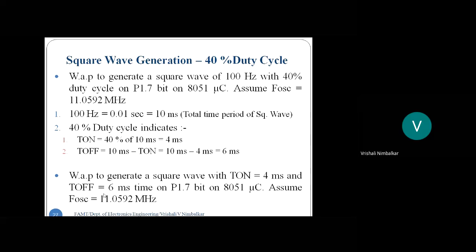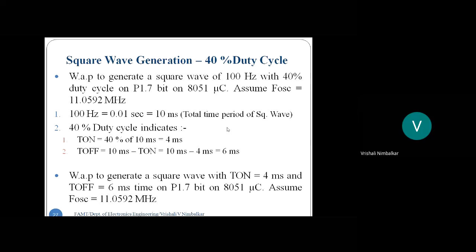So even like this it can be mentioned. They will clearly give you the on time period of the square wave, the logic 1 time period, and the off time period of the square wave. Else they will give you the frequency with the duty cycle. Whatever duty cycle is mentioned, that is the on time period of the square wave.